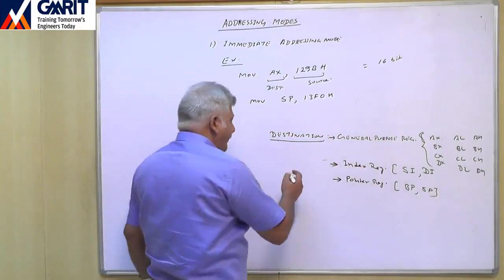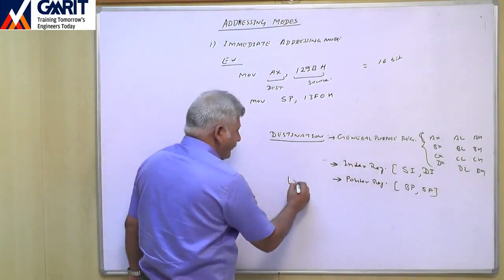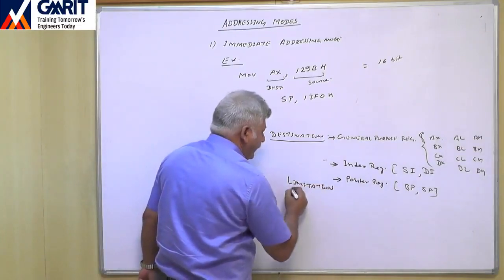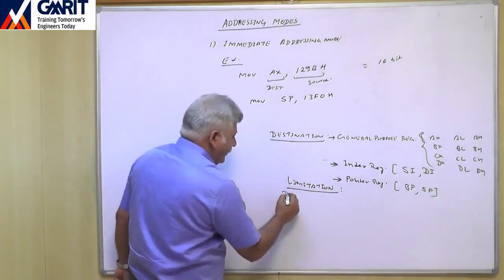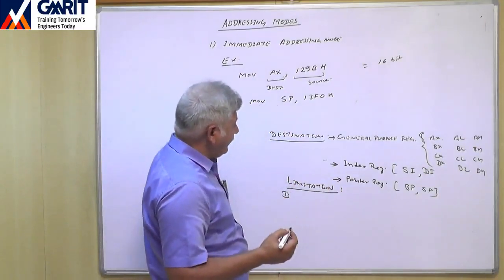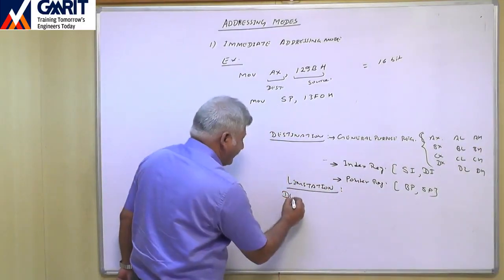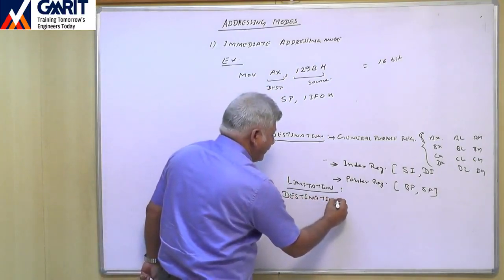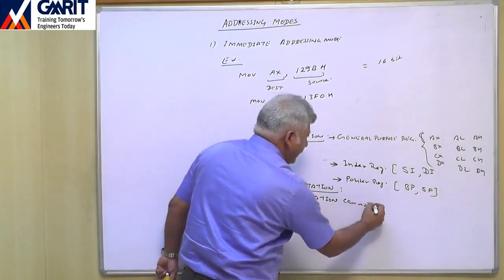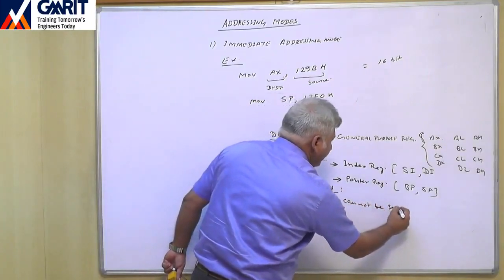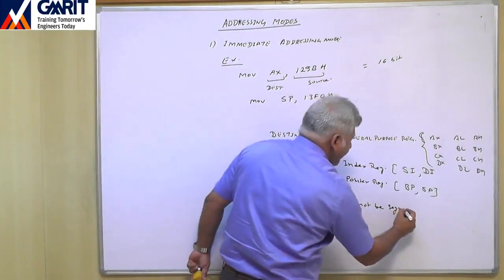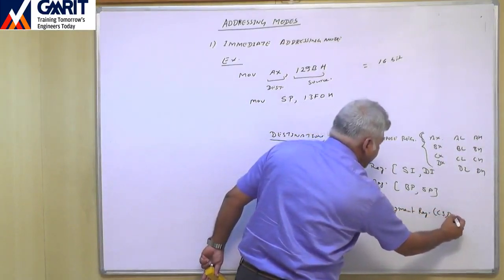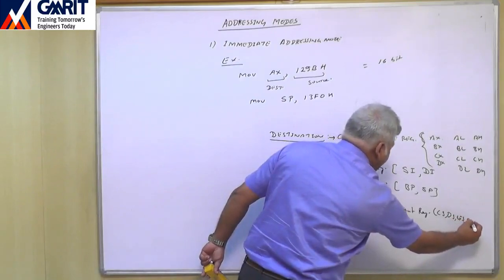The only limitation is destination cannot be the segment register. Destination cannot be segment registers like CS, DS, ES, SS.